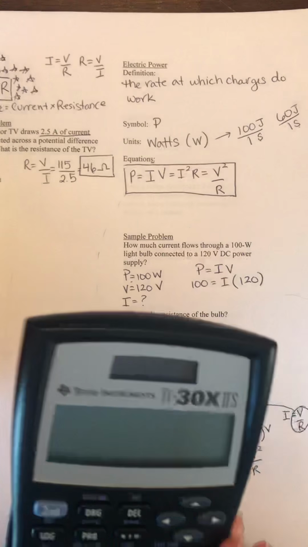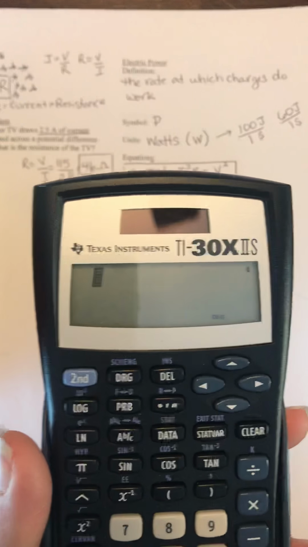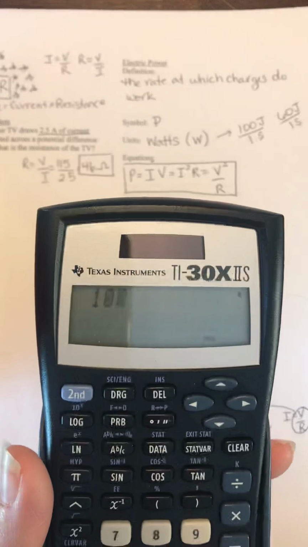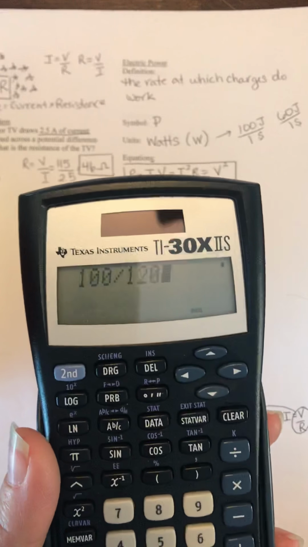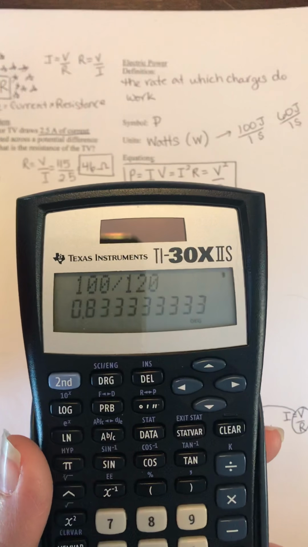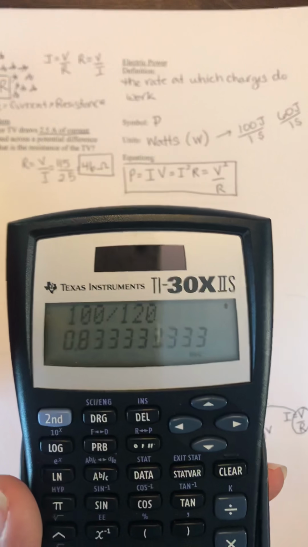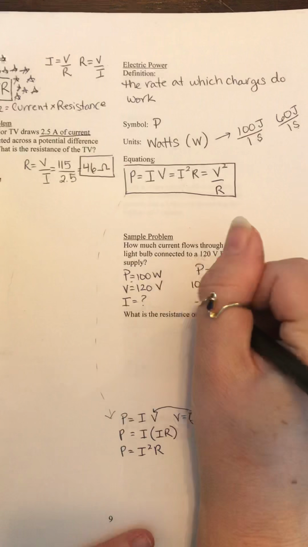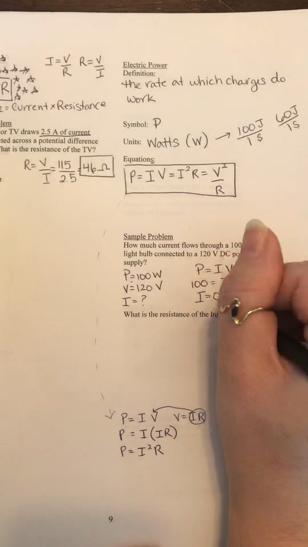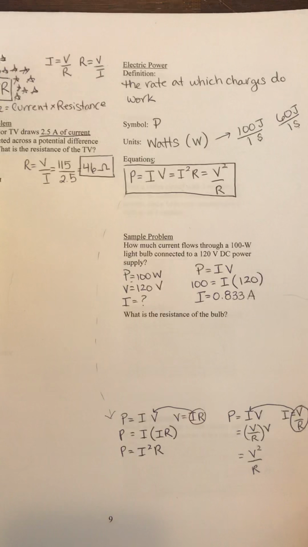If we grab our calculator here, we can take 100 watts divided by 120 volts, and we should see that in this case our current is 0.833333. And then what are the units of current? You're right, amps.